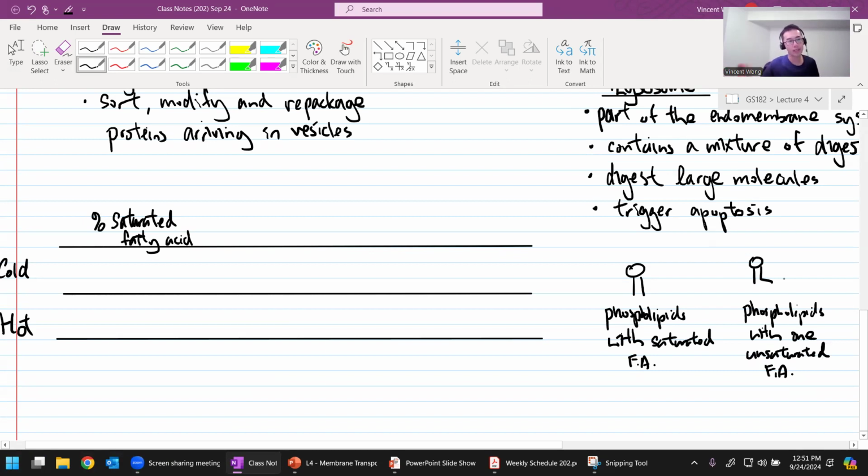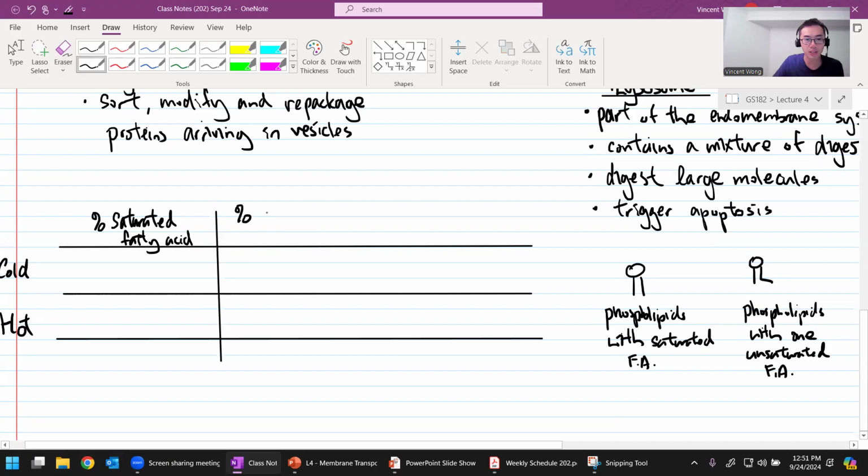You can have both as unsaturated. It's kind of rare. So the question is asking you, if a plant lives in a cold environment, how much saturated fatty acids do you expect to find on the phospholipids? Do you expect to have more of it? Do you expect to have less of it? And why? That's basically what we are talking about.